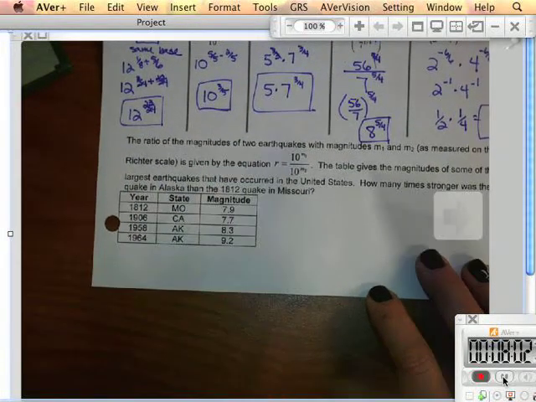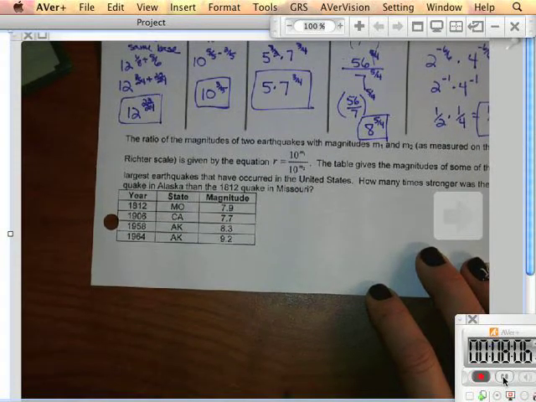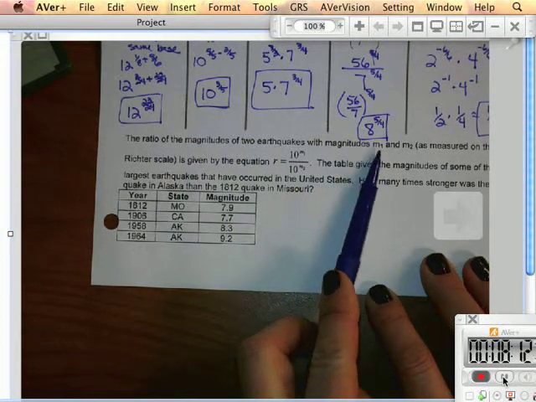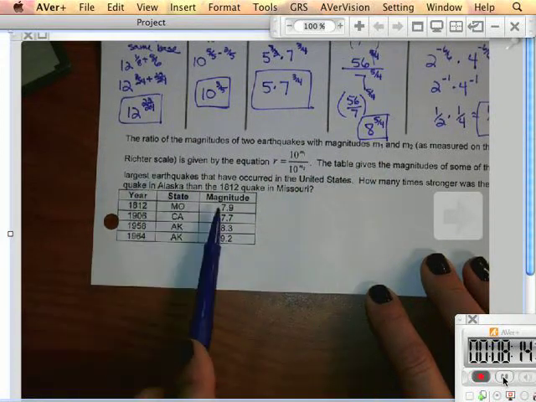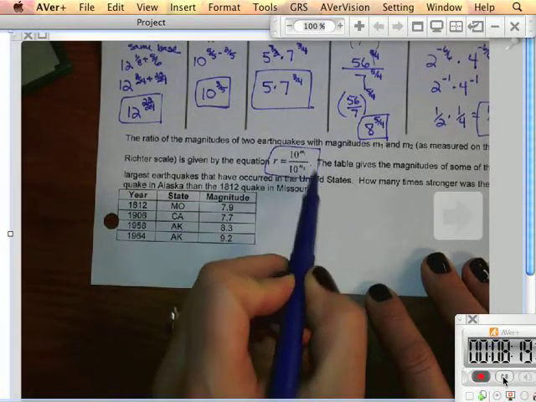Hey, the ratio of the magnitudes. Let's keep going here. Okay, look at all these words, but this is like the easiest problem. It's not that scary. The ratio of the magnitudes of 2 earthquakes with magnitudes M1 and M2 as measured on the Richter scale is given by the equation. When they give you this, you got it made.